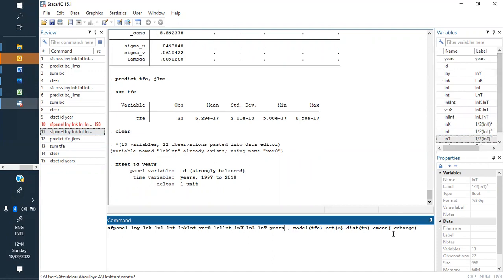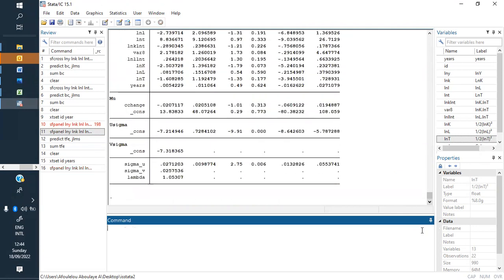And now I'm using the model df, considering this one as I want to see its effect on my technical efficiency. I think it's okay. Can run. Now the result. Okay.